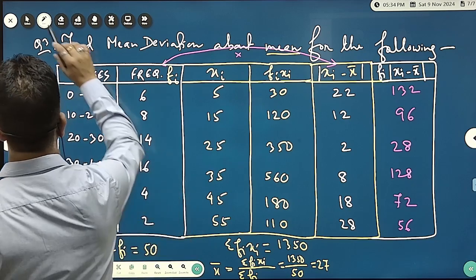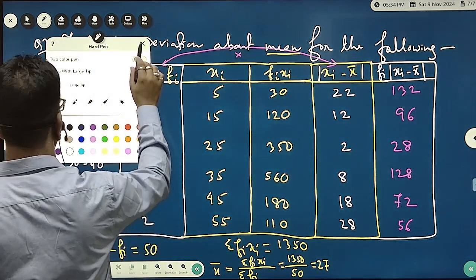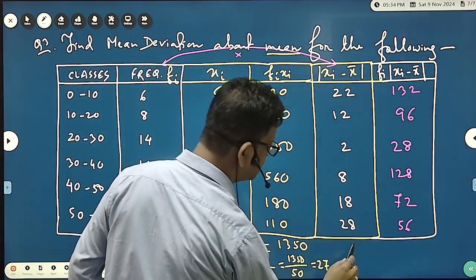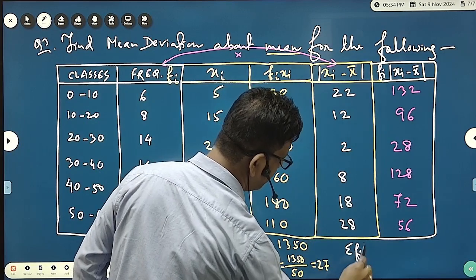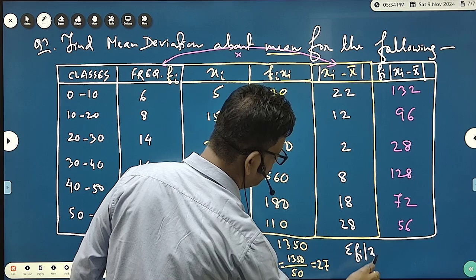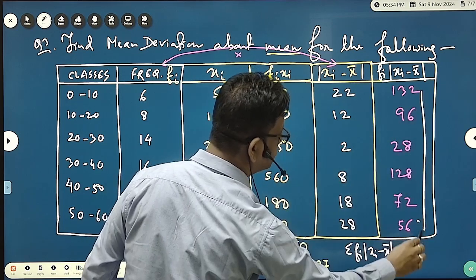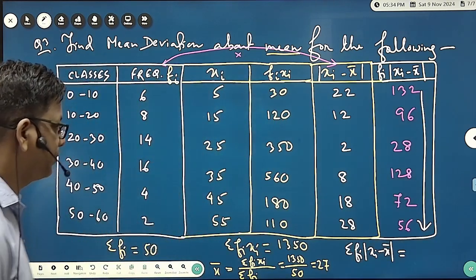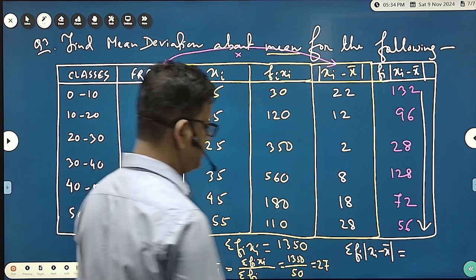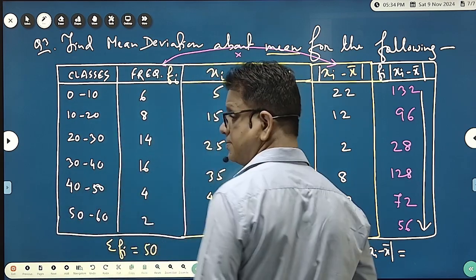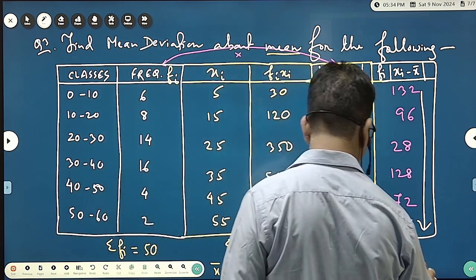Now, finally, everything is ready. We are almost done. What you have to do is just the summation of Fi multiplied by modulus of xi minus x bar. You add all these numbers. Let me know how much. 512.